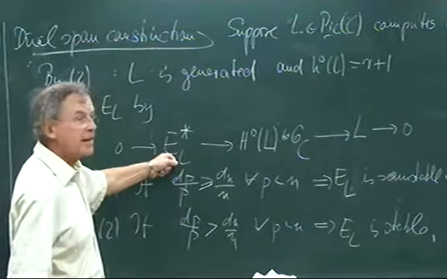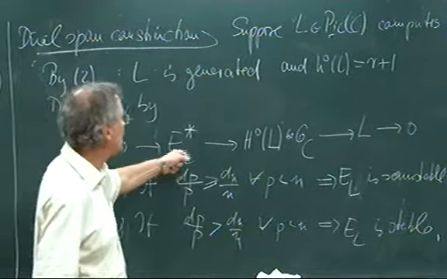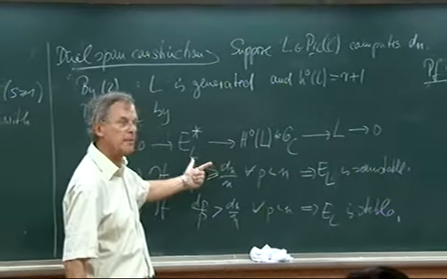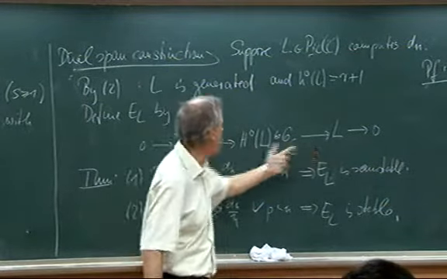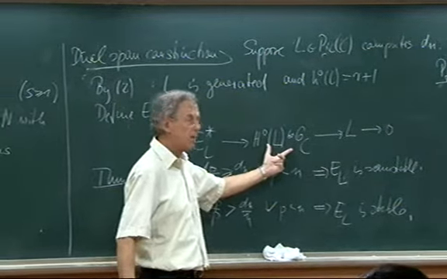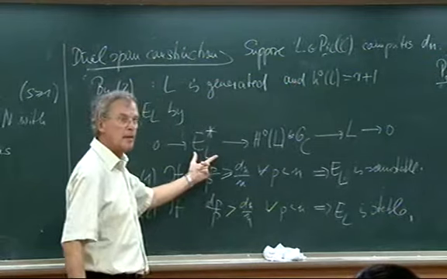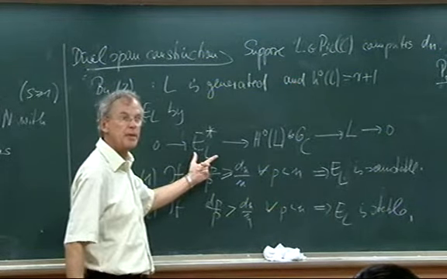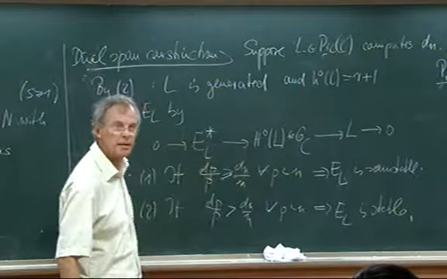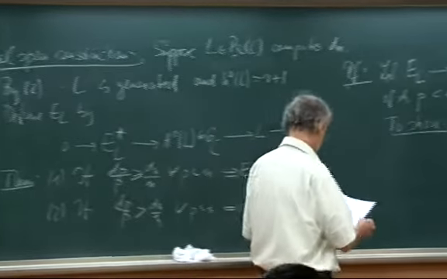Okay. So now, EL is generated by its sections. This you see by just dualizing the sequence. If you dualize the sequence, you get L star, vector space, here trivial bundle, EL. So you see that this dual sequence is surjective, so EL is generated by the sections.